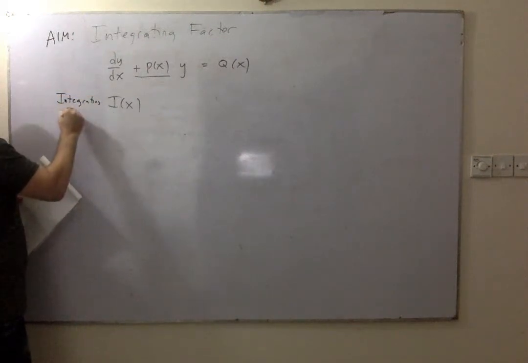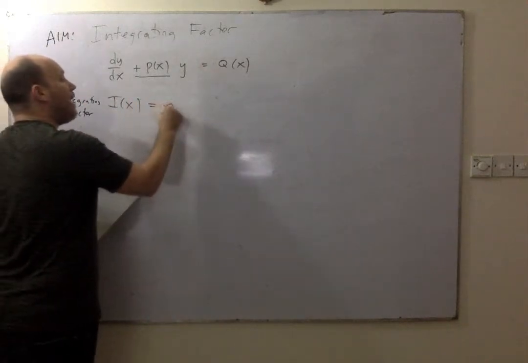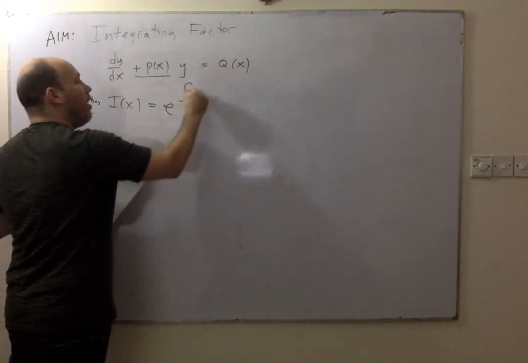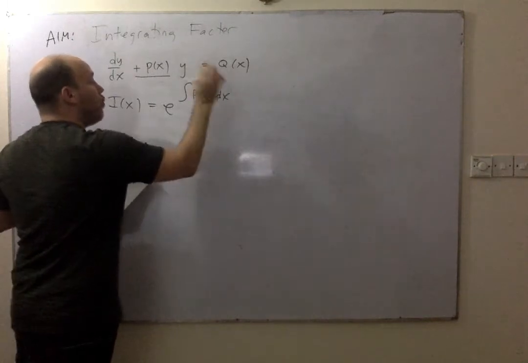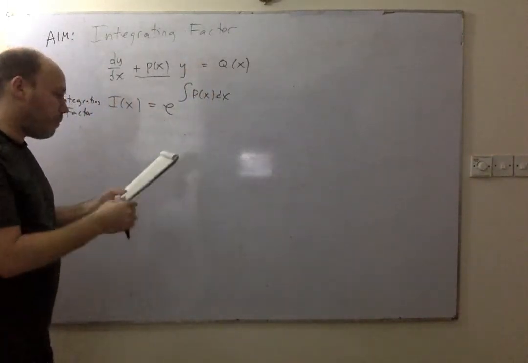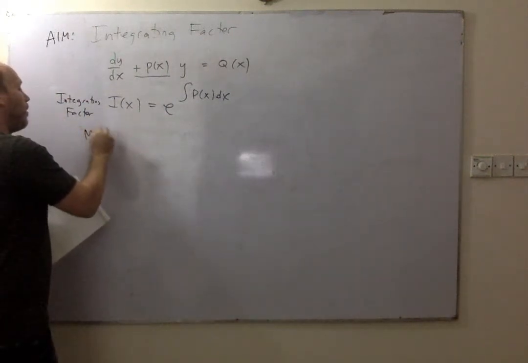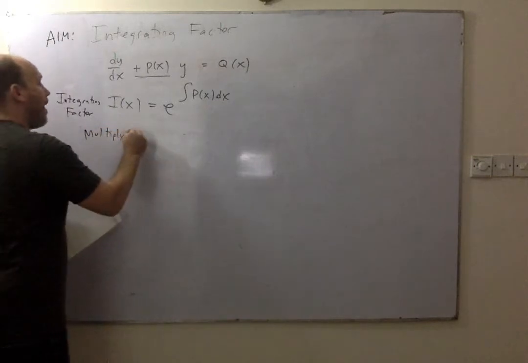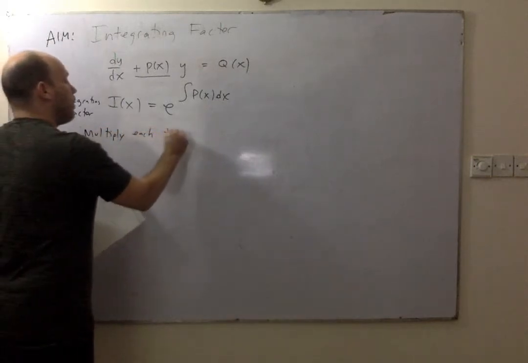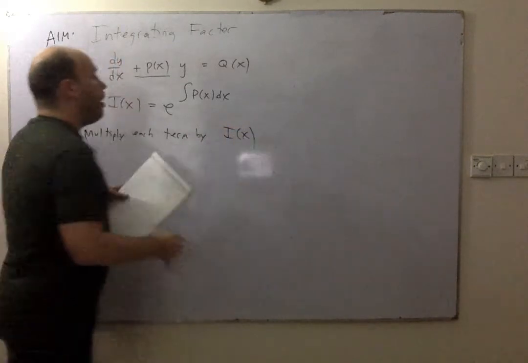I(x) is equal to e raised to the integral of p(x) dx. Don't worry, it's going to be easy to do. Then you're going to multiply each term by I(x).